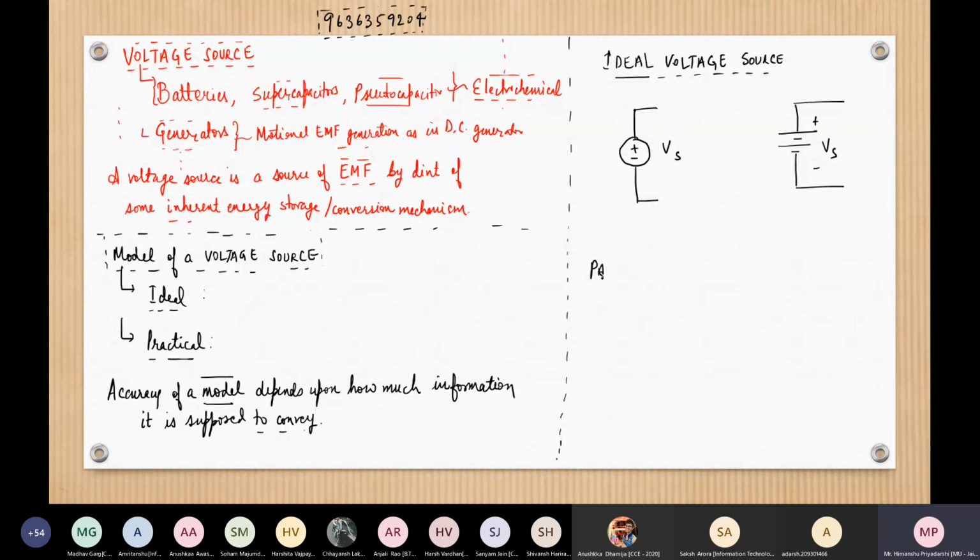Practical voltage source. If you see the practical voltage source at our level, again at a preliminary level for DC phenomenon, and we are not much interested in exploring so many other phenomena, you can just add a source resistance to it.